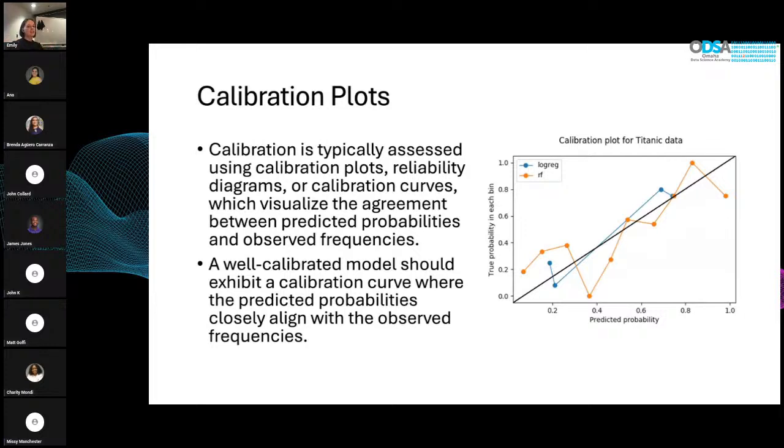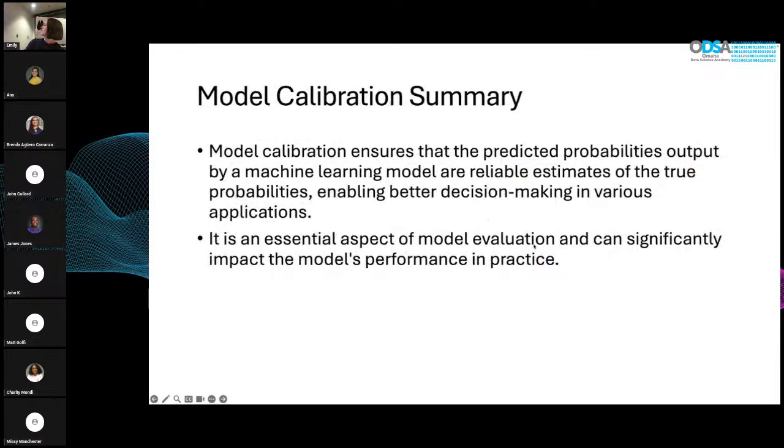So it's more for us and our own comfort as humans being able to interpret it because we like to compare everything to each other. Anyways, less important than the other topics, so just touching on it for completeness' sake. So model calibration ensures that the predicted probabilities output by the machine learning model are reliable estimates of true probabilities. It's quite honestly for our own human comfort and our assessment of what we might expect an event to occur and comparing it to how many times it actually does occur.